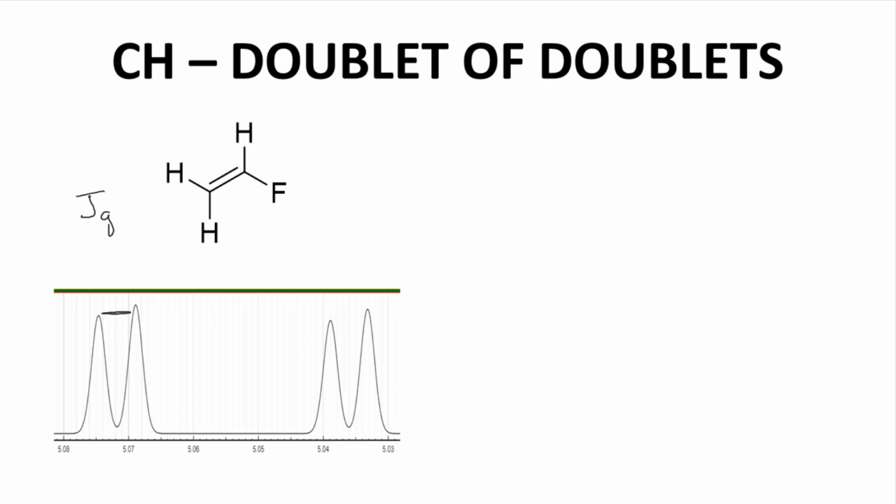JG is either this distance or this distance. Go through the math, and JG is 2.3 hertz. For the other J value, we can measure that distance or that distance.